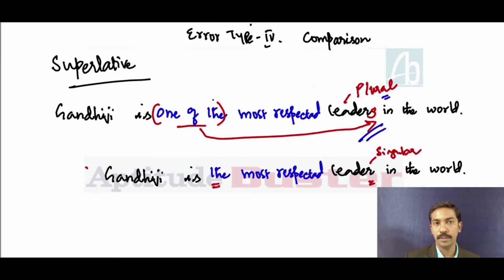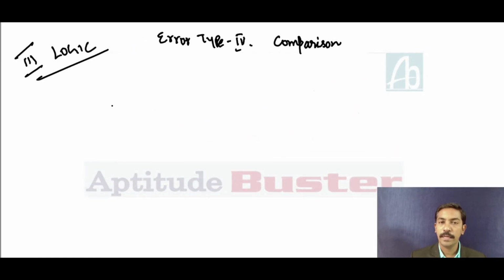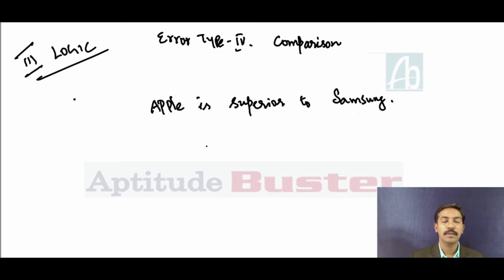Next rule in comparison. Third logic, I like to explain it through example. When we say Apple is superior to Samsung, this sentence involves a comparison and this comparison is valid. How can we say this? Because here this sentence compares one absolute with another absolute.